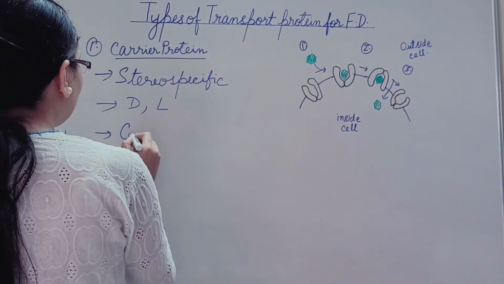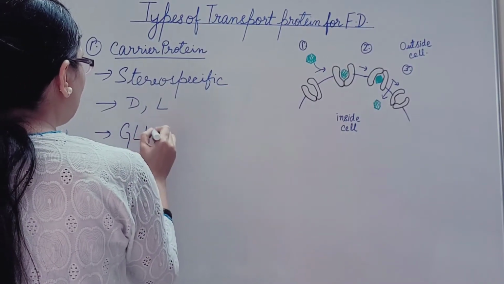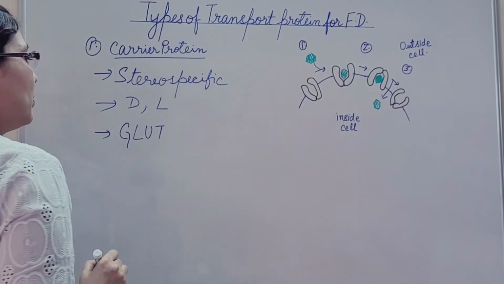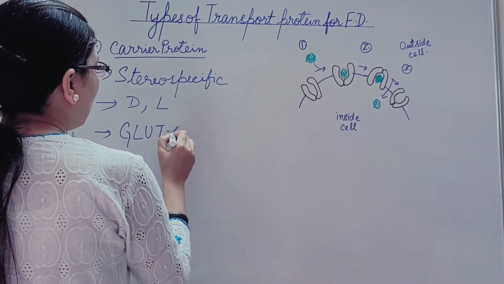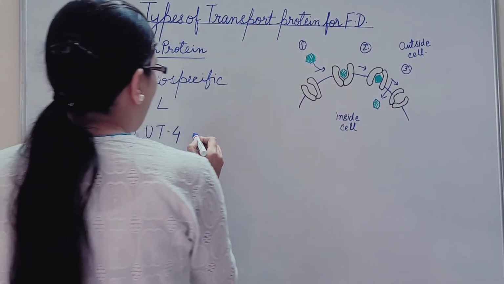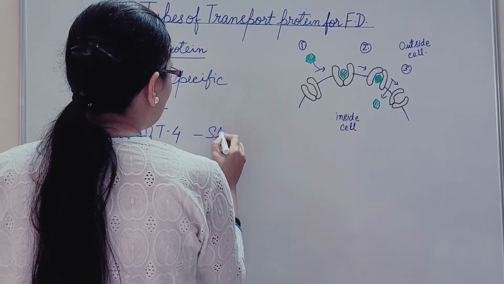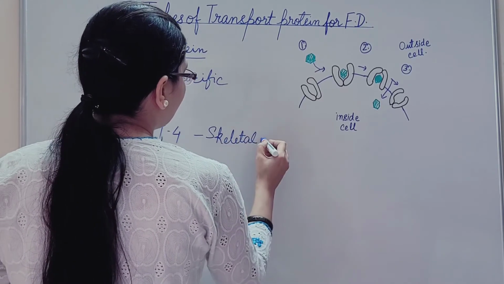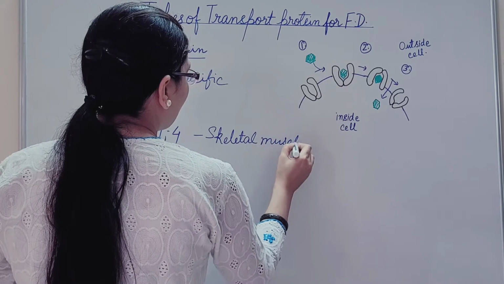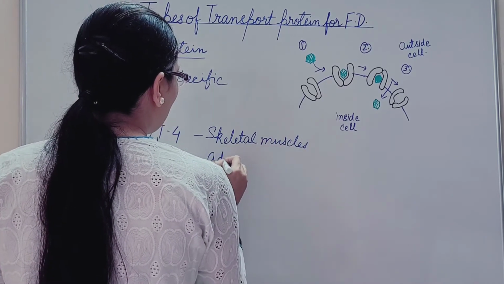One of the carrier proteins is glucose transporter. This is present in various isoforms. One form is GLUT4 that is present in the skeletal muscles and adipose tissue.